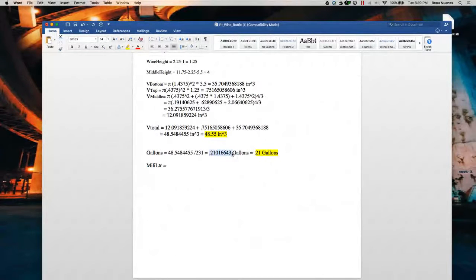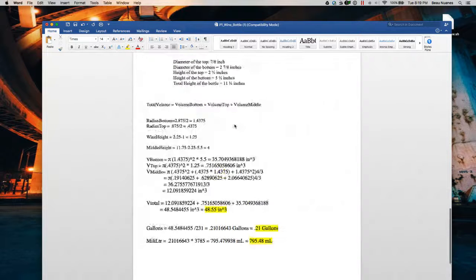We take that, multiply by 3785, and that will give us 795.479938 milliliters, or just 795.48 milliliters. All right, so just conversions.